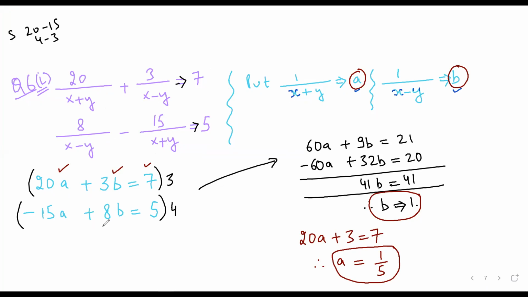Therefore 8b minus 15a is equal to 5. Once I have these equations, I plan to eliminate a, and that is why I multiply this equation by 3, this equation by 4, so that these are the two equations that I get. I simply add these two equations, solve for b. Once I have the value of b, I find the value of a.